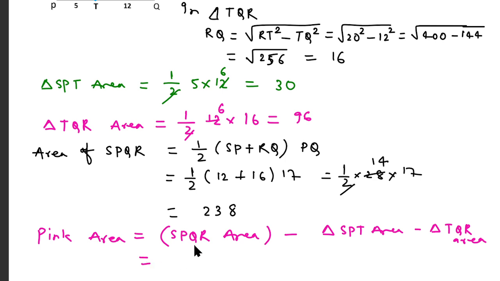The SPQR area is 238 minus SPT area is 30 minus TQR area is 96. So we will get 112 square units for this answer.